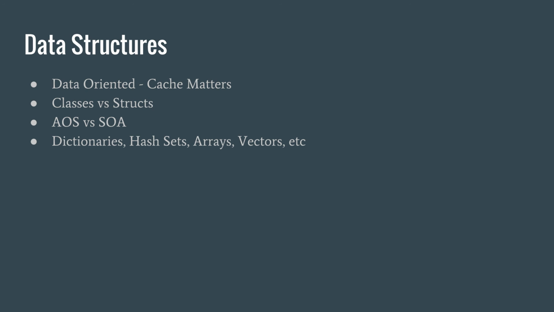So this setup, if I had an array of these vertexes, would be an array of structs, where instead I could do a vector 3 array of positions and a vector 3 array of normals. And then I could call this my vertices or something like that. This would be a structure of arrays.